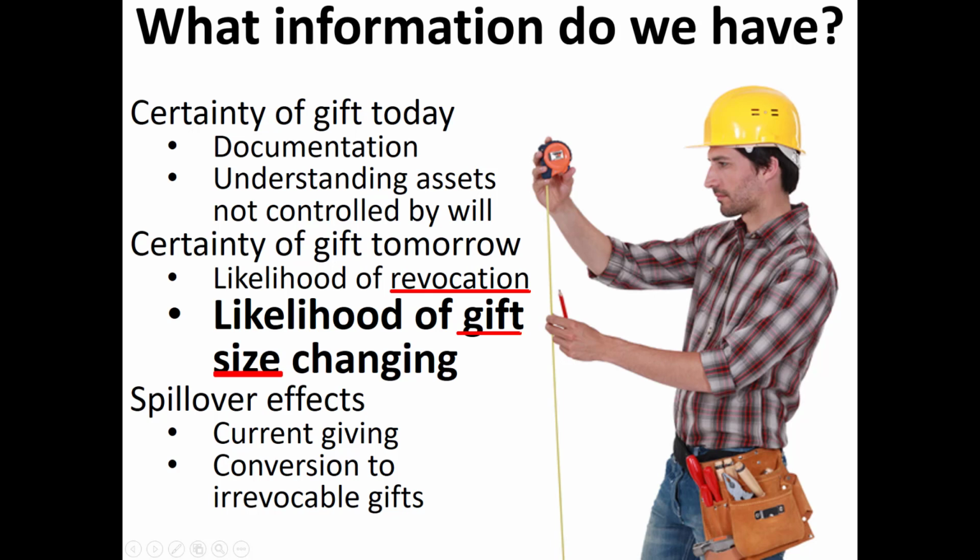And fundamentally, percentage gifts on average are worth much, much more than specific dollar or financial amount gifts. The reason is that financial amount gifts tend to be degraded by inflation over time, and so these percentage of the estate gifts are in general worth much more. But their value probably changes on a daily basis, right?